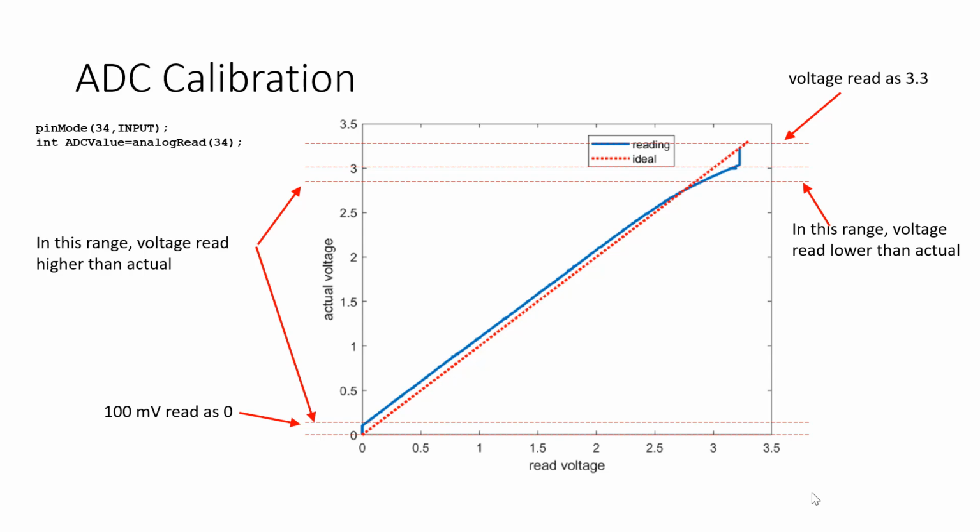So it's going to overestimate the voltage between 100 millivolts and 2.3 volts. Okay, then between 2.3 volts and 3 volts, it will underestimate the voltage. And then above 3 volts, it's just going to max out.